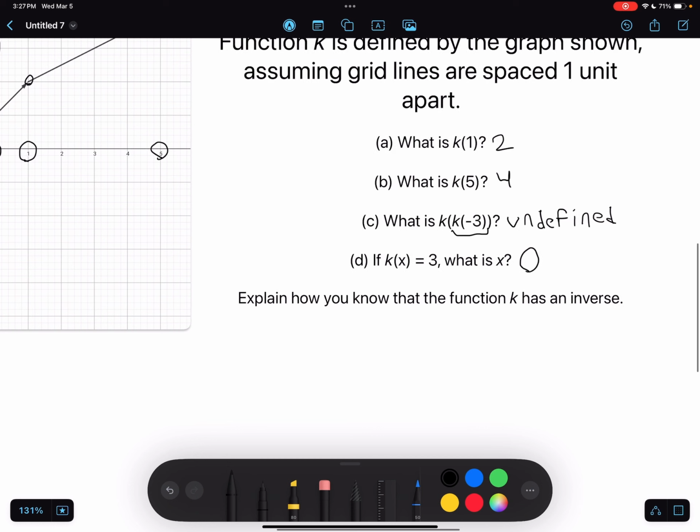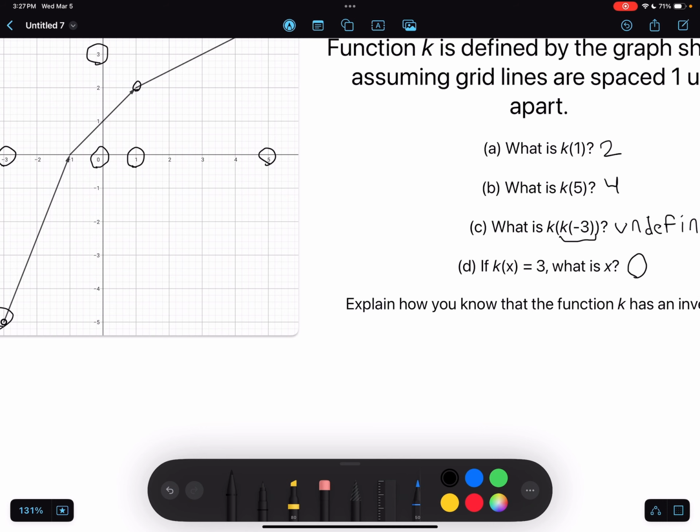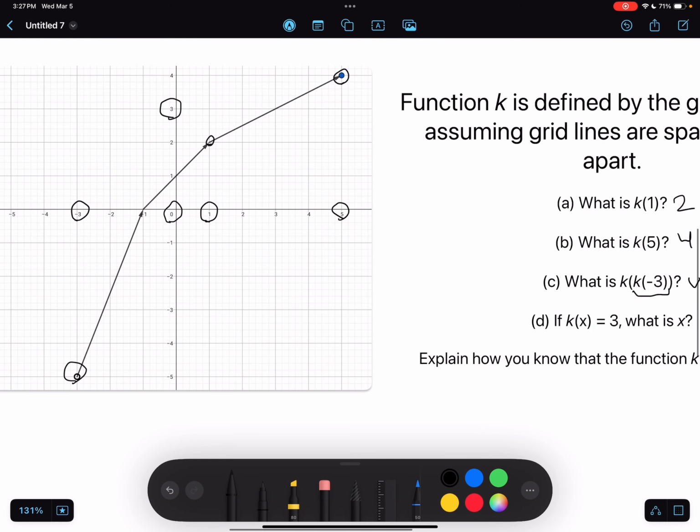And finally, the second question is, explain how you know that the function k has an inverse. The inverse function of any graphed function appears like a mirrored or flipped graph. We described inverse functions briefly in a previous video, but in a graphing context it's a little different.